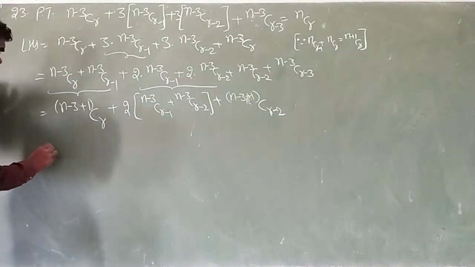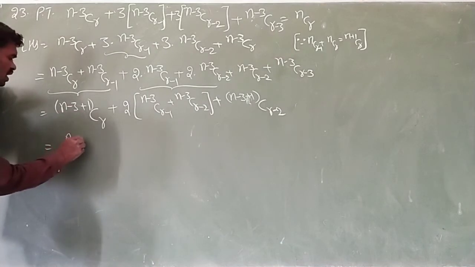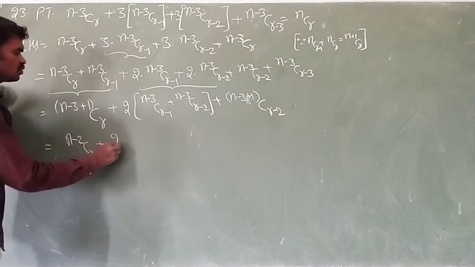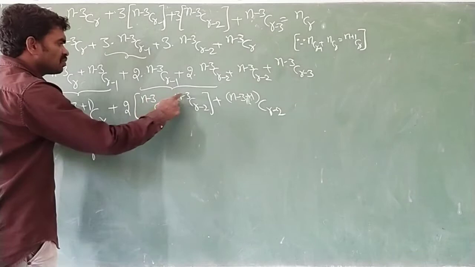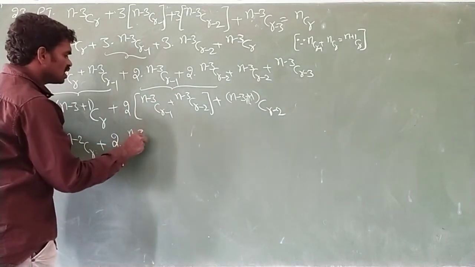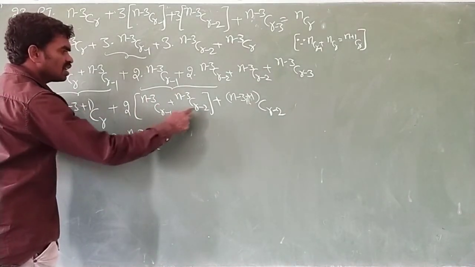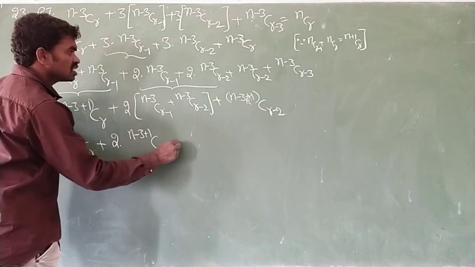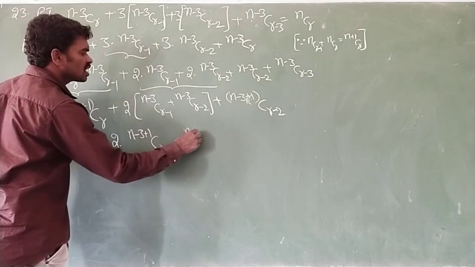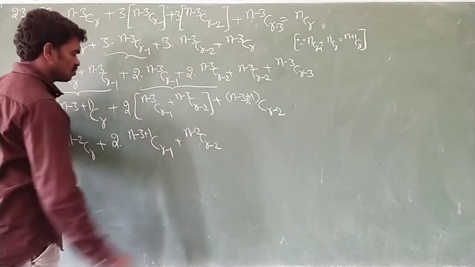Then (n-3+1) is what? (n-2)Cr plus 2 into, these are the same terms. So we get (n-3+1)C(r-1), between r minus 1 and r minus 2, r minus 1 is bigger, plus (n-3+1), meaning (n-2)C(r-2).